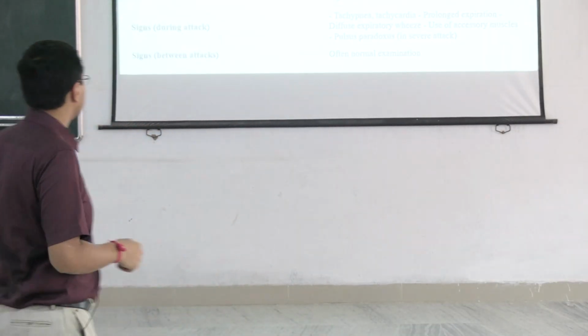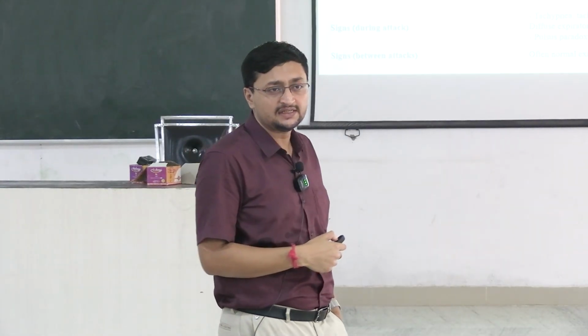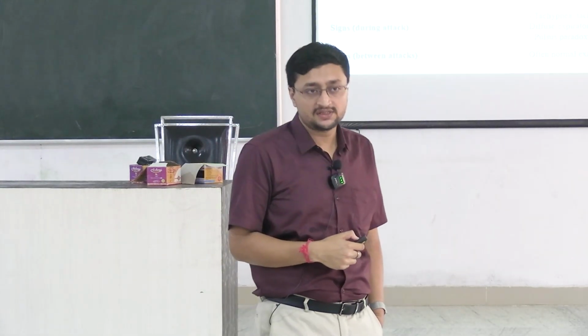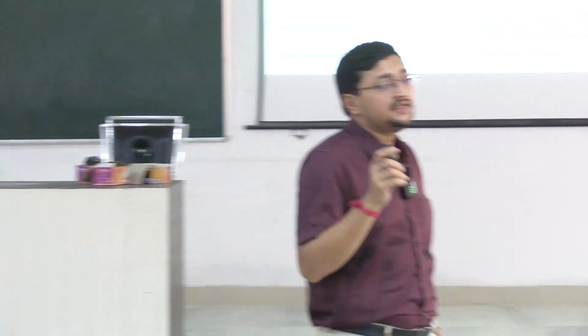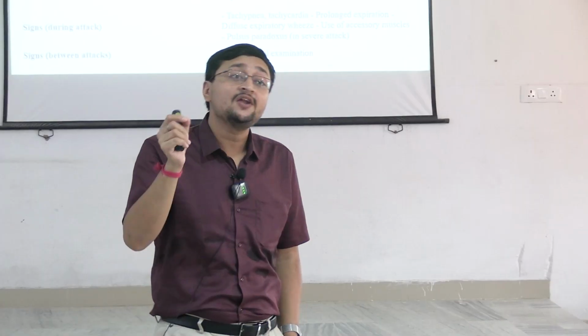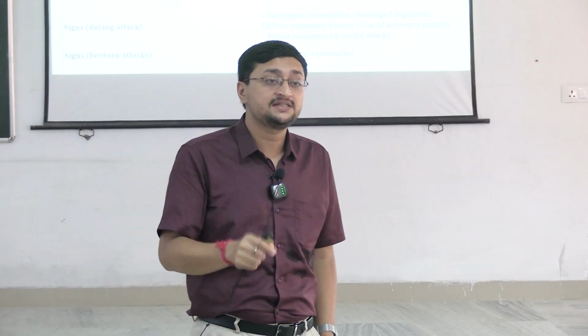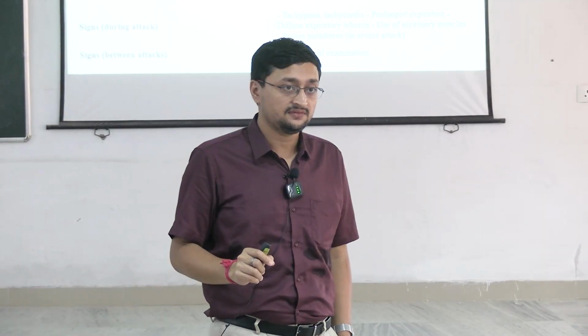So these signs are during acute attack: tachypnea, tachycardia, and accessory muscles working, right? And severe shortness of breath. But in case of asthma acute attacks, wheezing may not be present, even breath sound may be absent. This is called silent chest, right?